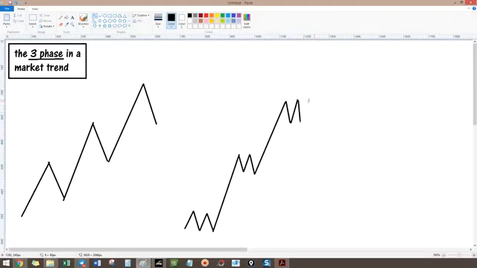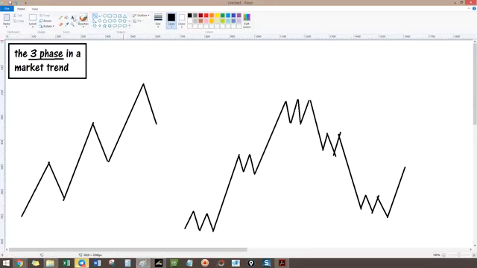So this is your optimum exit, and then it will drop down and make new phases for a downtrend like that, and go down again, and then it will do the excessive for a downtrend here before it goes uptrend again.